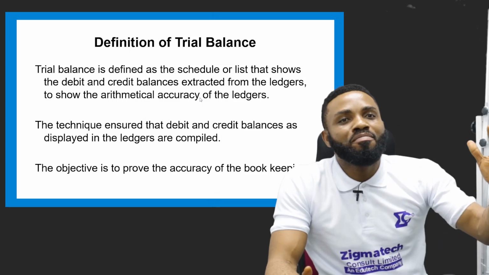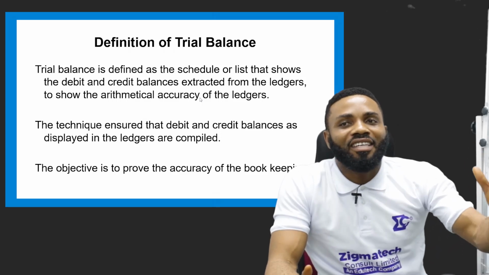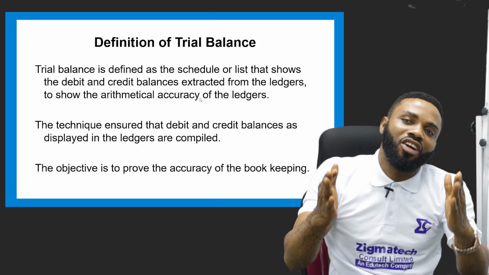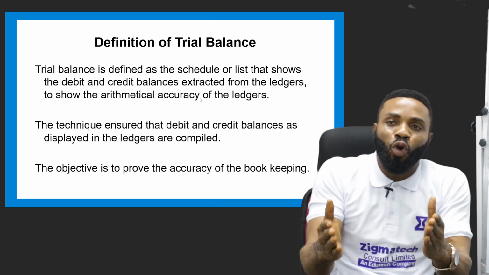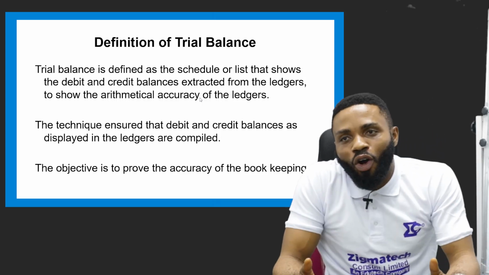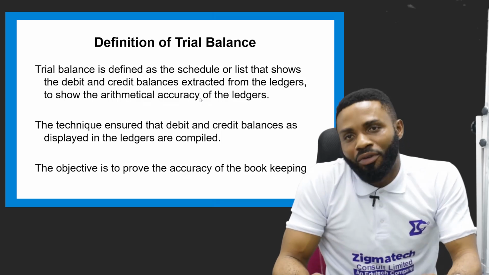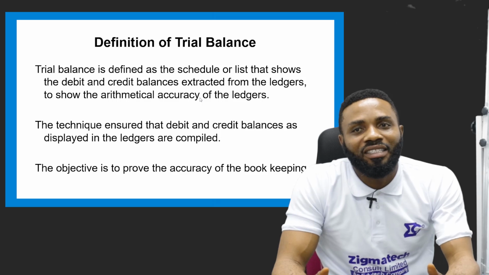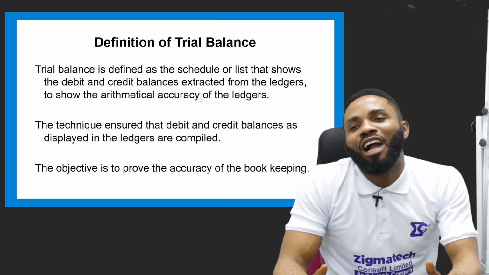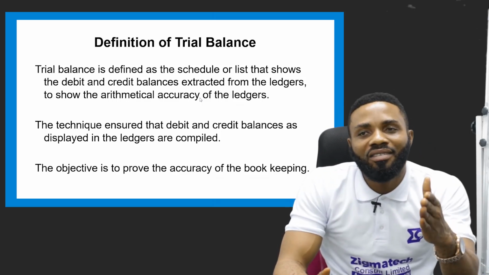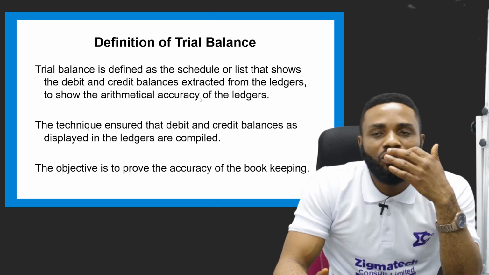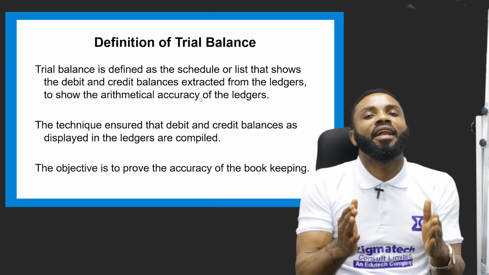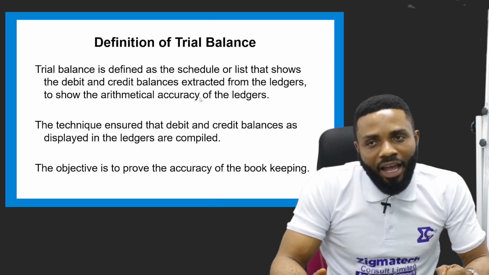By the time all the balances in the ledger is extracted and arranged in the trial balance, then you'll be able to know if there were errors or there were not errors. Now, the technique ensures that the debit and credit balances as displayed in the ledgers are compiled. All the balances or the classes of account will be compiled in the trial balance.